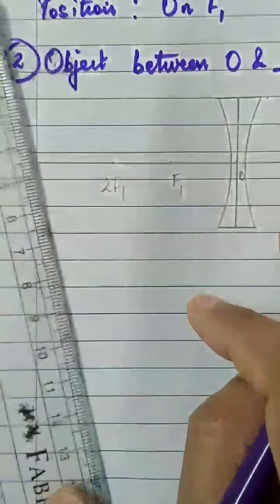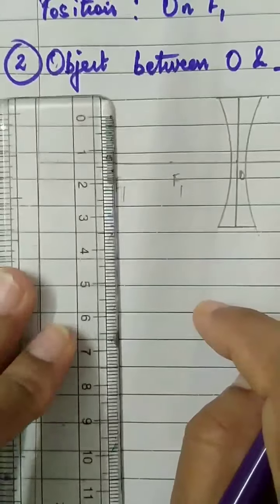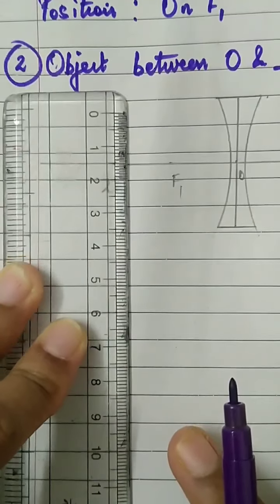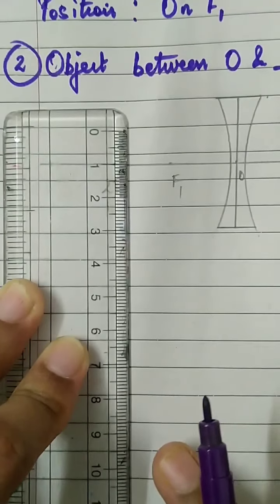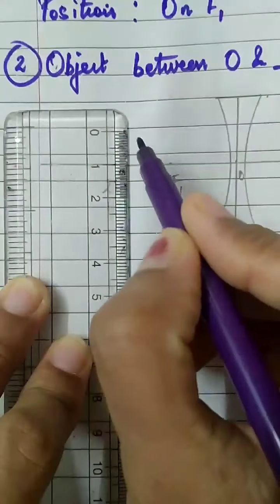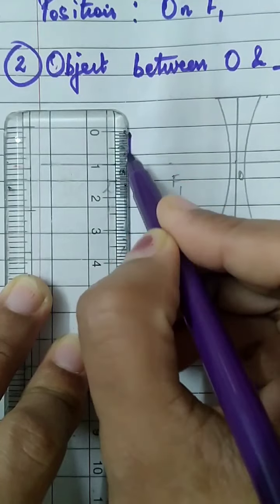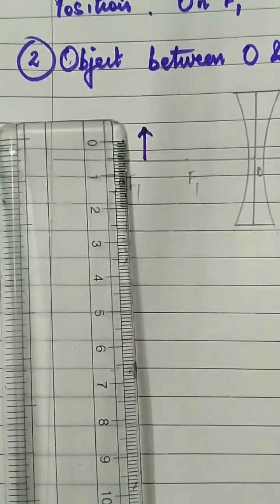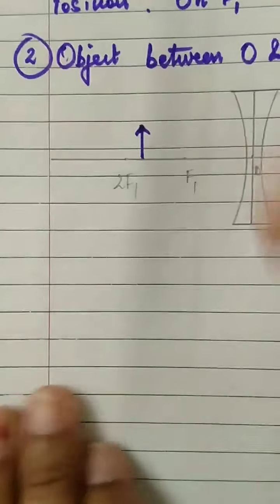Take an object of 1 centimeter or 1.5 centimeter, according to your wish. I'll take a 1 centimeter object. Do everything with pencil only. Just to make the object clear for you, I am using this sketch pen.